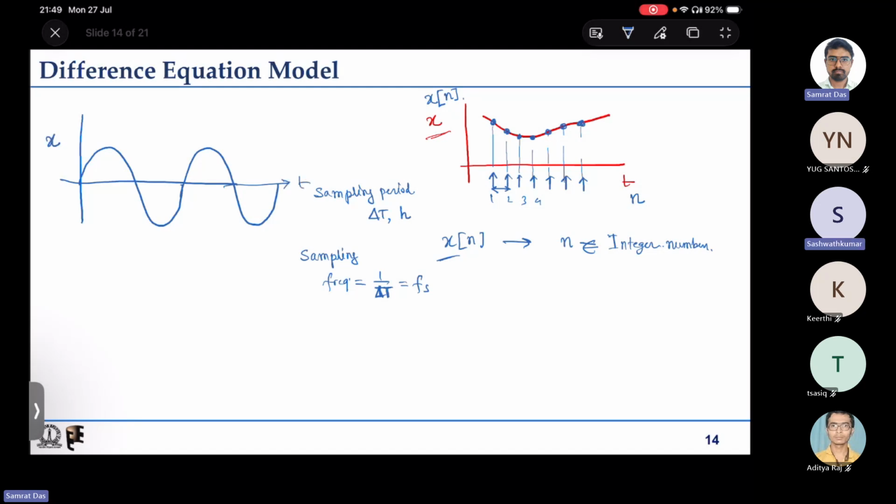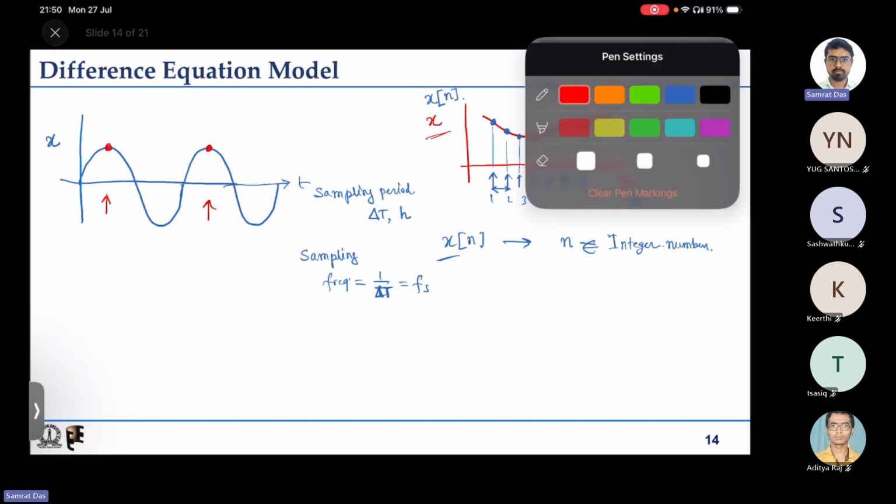Like this is x of t, a sinusoid at a certain frequency. If we sample it at the same frequency as the sinusoid, say we sample here, then there. So the x n, sample and hold, will only include these values, which will make it appear that the signal x is a constant value. So the frequency of variation information is lost.